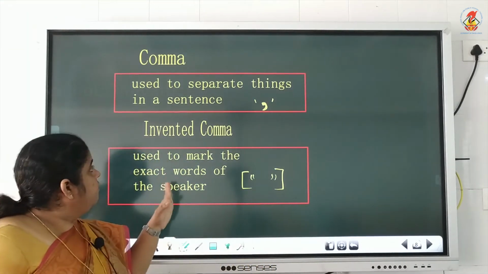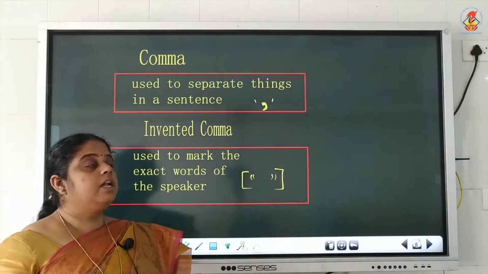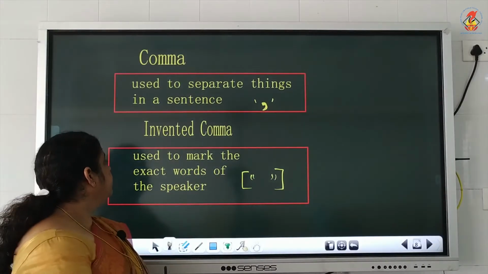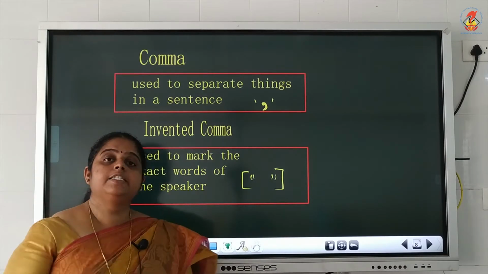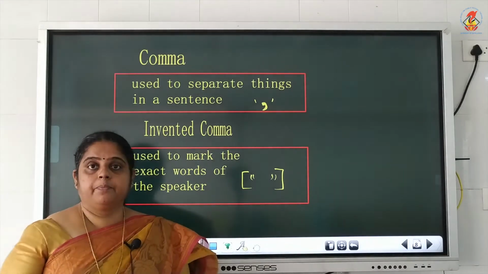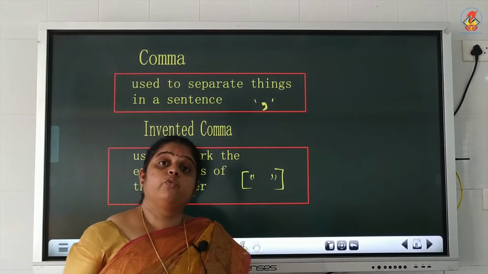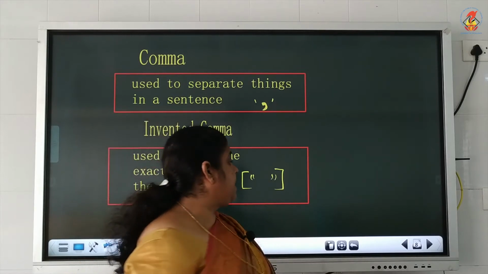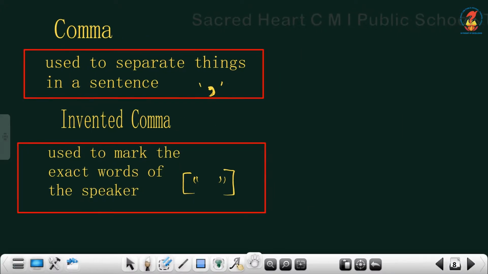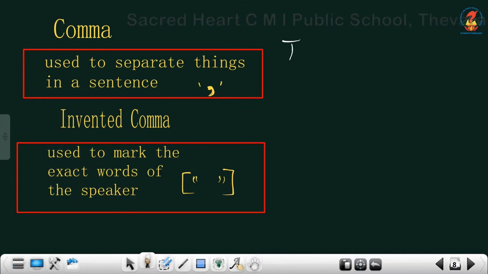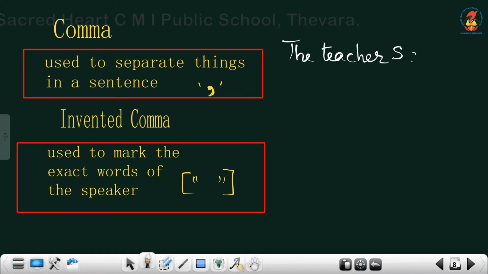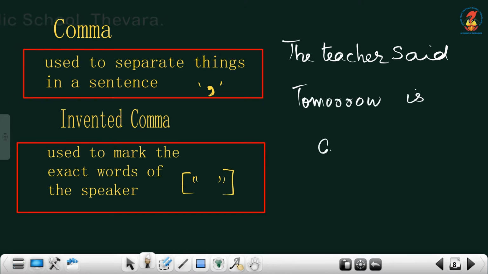Now coming to inverted comma. Inverted commas are used to mark the exact words of the speaker. This is an inverted comma. For example, the teacher said, "Tomorrow is a holiday."